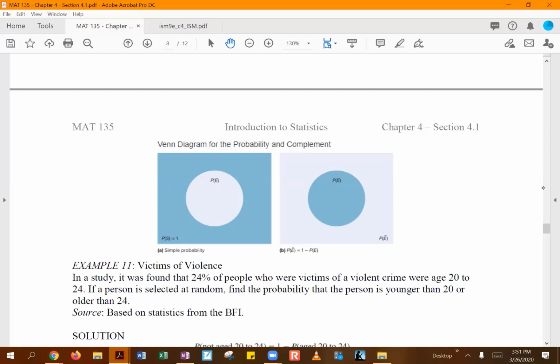The idea is the whole rectangle here adds up to 1. Whatever is the probability of the event, subtract that from the probability of the sample space, which is 1, and you get the probability of the complementary event. Or if you know the probability of the complementary event, subtract it from 1 to get the probability of the event itself.